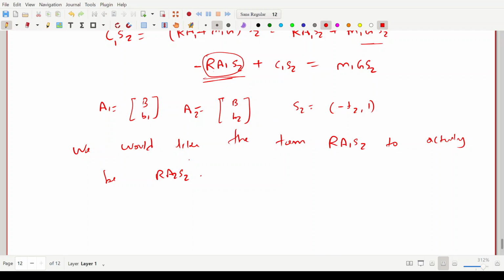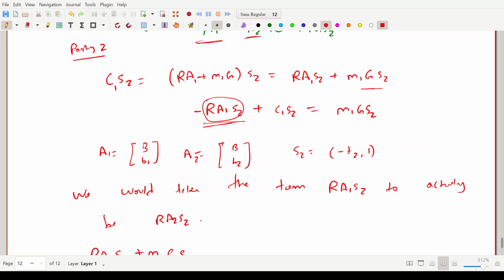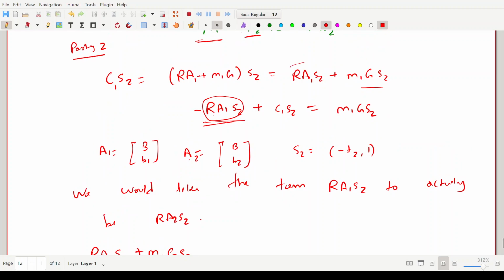Let me just write, I'm having R E2S2 plus M1 GS2. Looking at the right hand side, I am writing RE1S2 plus M1GS2.